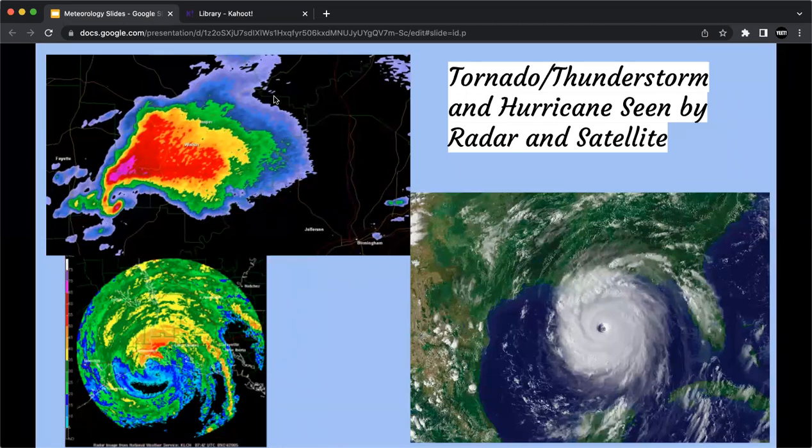Over here in the top left, we have a radar image of a thunderstorm. We see the redder colors, such as red and pink, are heavier rain, and the cooler colors, such as blue and green, are lighter rain. On the bottom left of the thunderstorm, we can see this hook figure. This is called a hook echo, and it signifies a tornado.